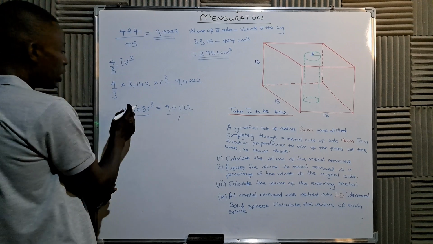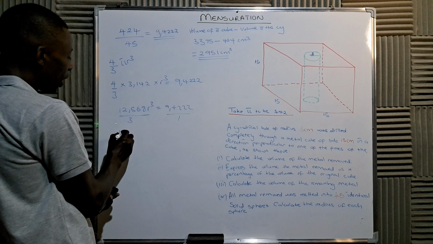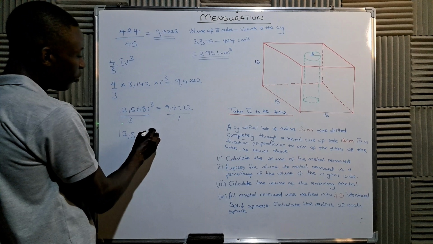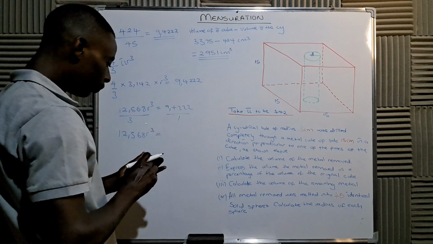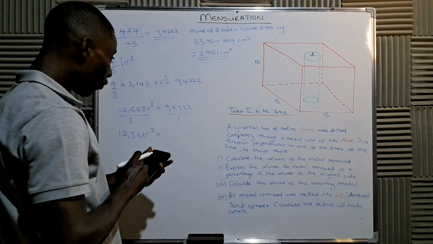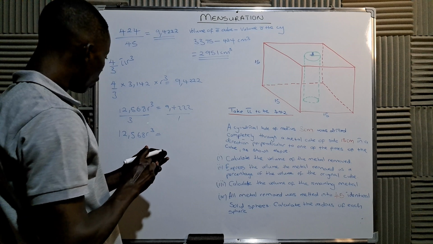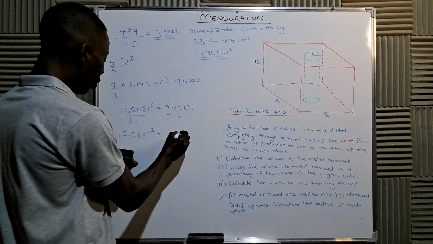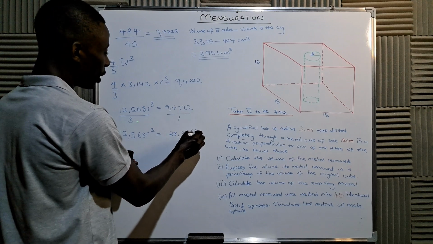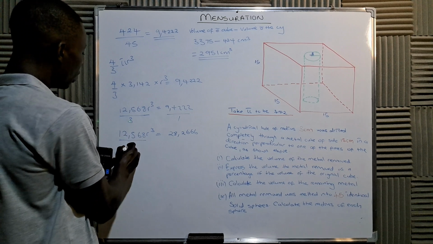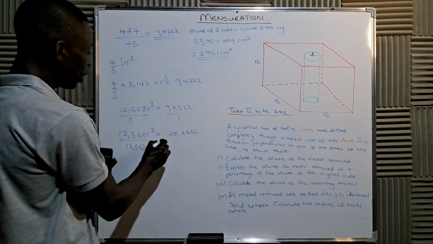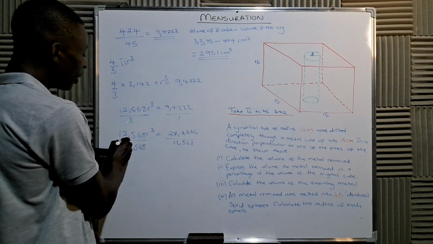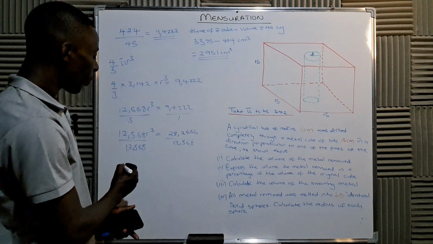And let us cross multiply here. So we say 12.568 r cubed is equal to 9.4222 times 3. We are getting 28.2666, and we divide both sides by 12.568, so that on the left hand side we can be left with r cubed.